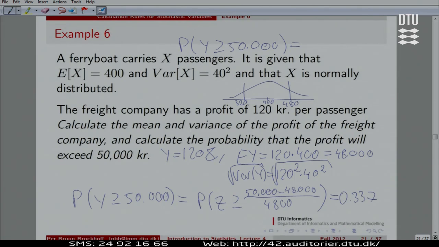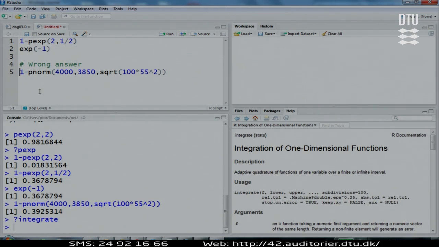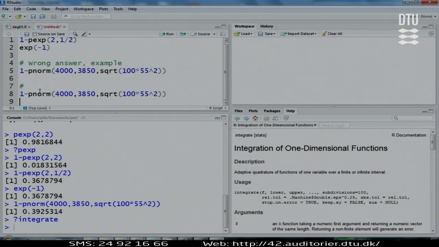Should we do it in R? Let's take, what is the chance of going beyond 50,000? 1 minus pnorm, that's going beyond, going to the right of it, using a mean of 48,000 and using a standard deviation of 4,800.